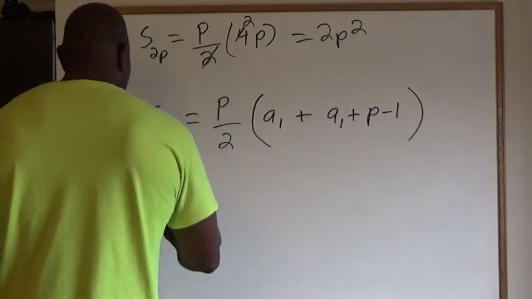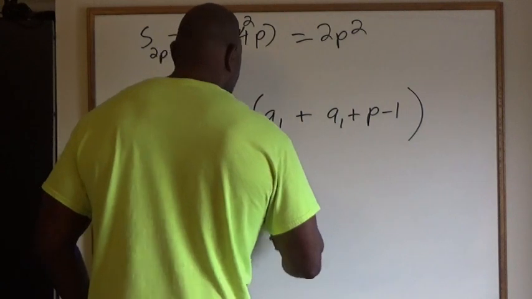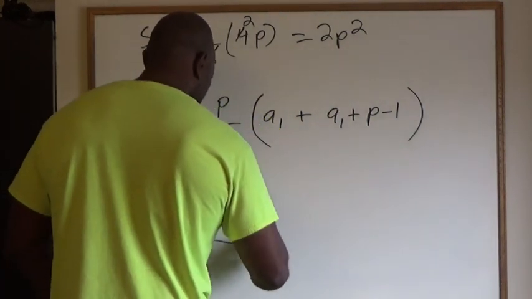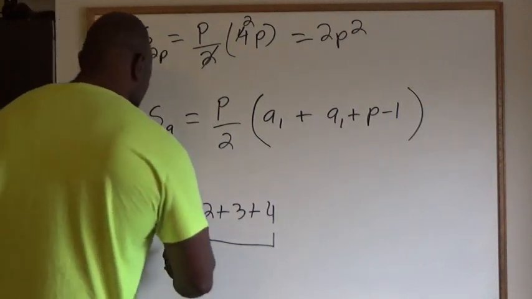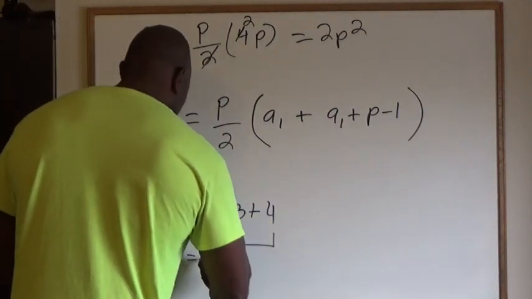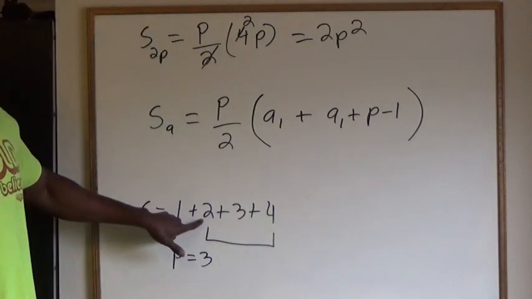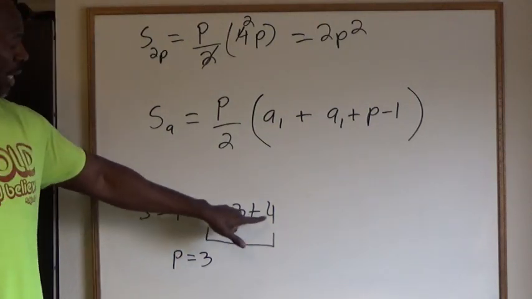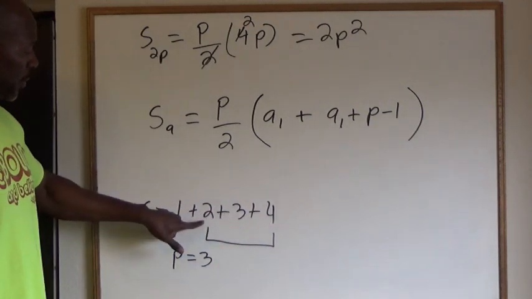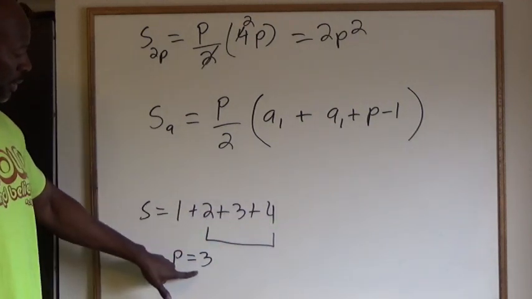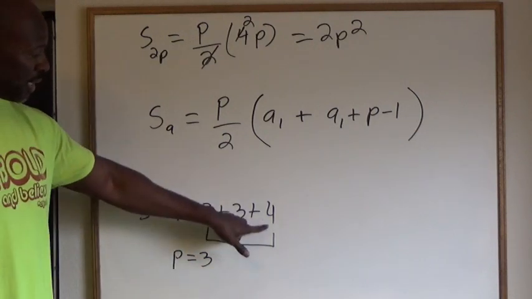So again, we'll use the same guy we've been using. So look at here, again, in this particular scenario, p was 3. Okay, this is my A1, correct? And my AN is 4. That's my A1 plus p minus 1. P is 3. 2 plus 3 is 5. But AN is 4.